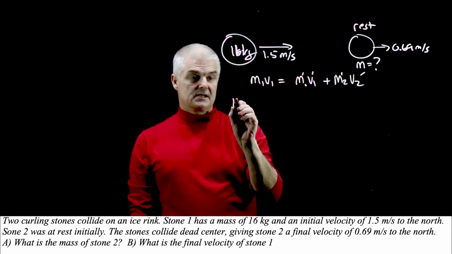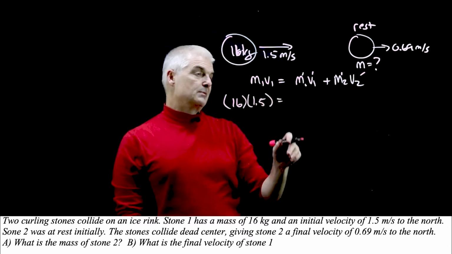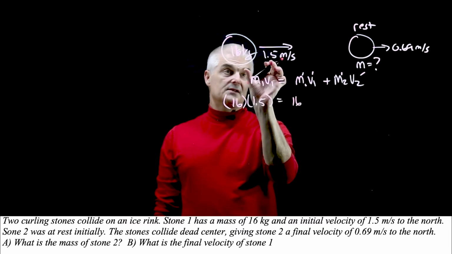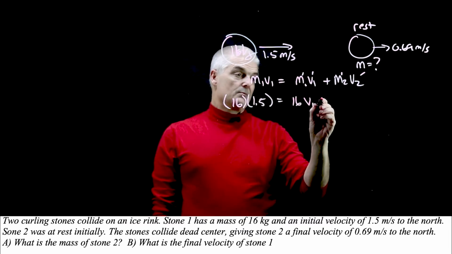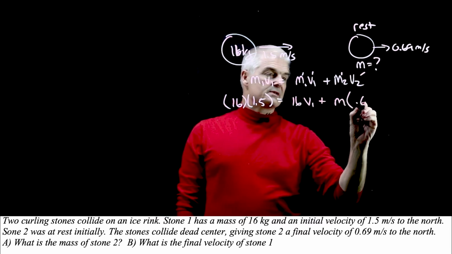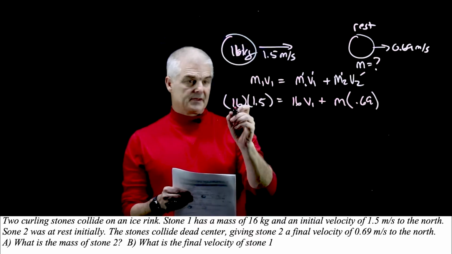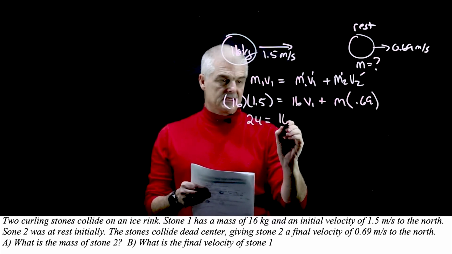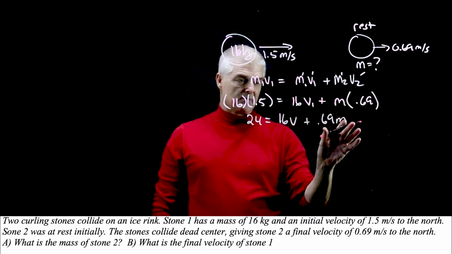We know this is 16 times 1.5, and that's going to be equal to m1, which is 16, but I do not know its velocity. What is its final velocity after the elastic collision? So that's v1. Plus, I don't know the other stone's mass, but I do know its velocity to be 0.69. Make sense? Let's simplify that. 16 times 1.5 is 24, equals 16v plus 0.69m. I'm trying to put it more algebraically.